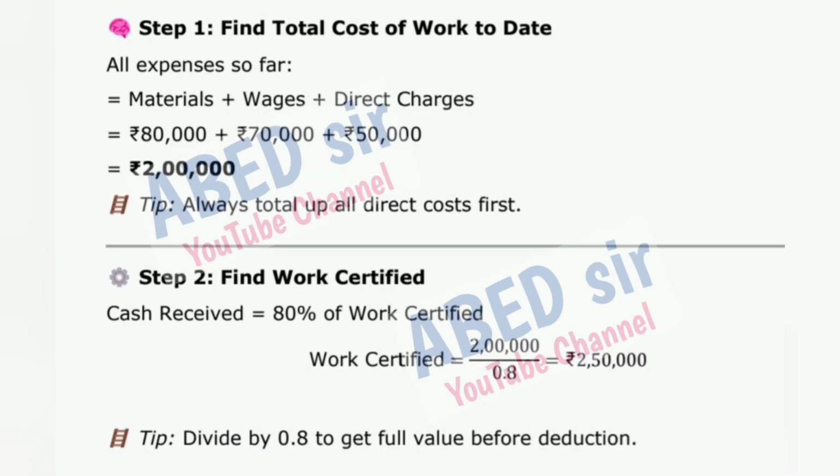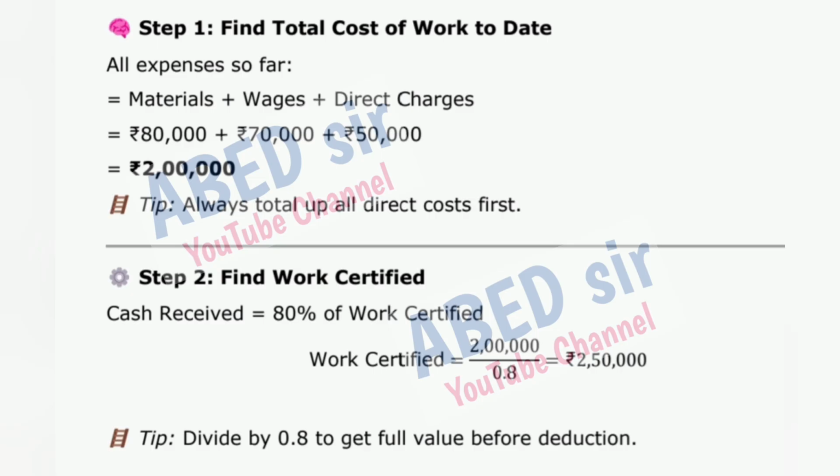Step 1. Find total cost of work to date. All expenses so far is equal to materials plus wages plus direct charges is equal to 80,000 rupees plus 70,000 rupees plus 50,000 rupees is equal to 2 lakhs rupees. Tip: always total up all direct costs first.